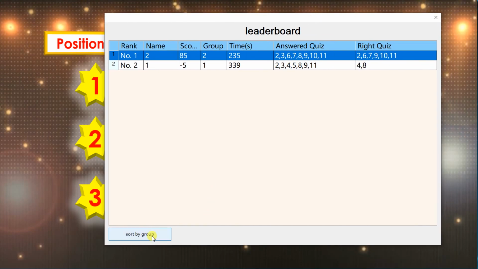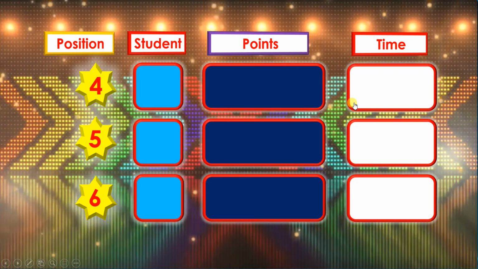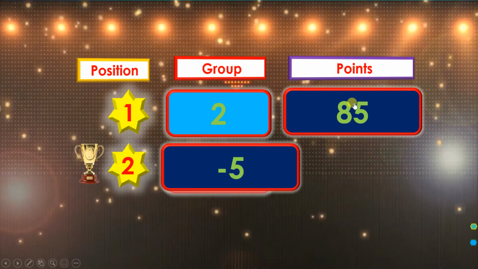So look by group. Group 2, 85. Sorry, yes, group 2, and position 2, group 1, -5. Okay, let's go back. If we look at my group scoreboard, it shows the same.